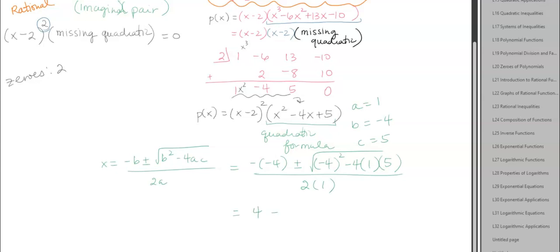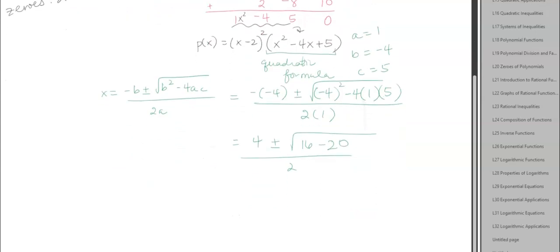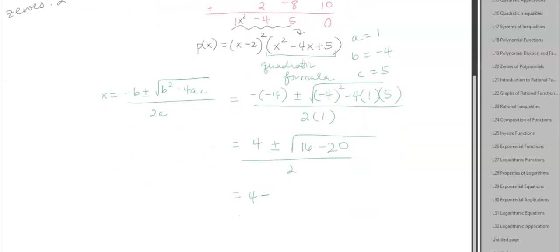So we have a positive 4 plus or minus the square root of 16 minus 20 over 2. So that is 4 plus or minus the square root of negative 4 over 2. And the square root of negative 4 is 2i. And now all of these are divisible by 2, leaving us with 2 plus or minus i.